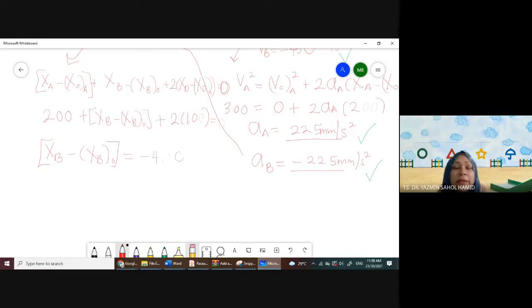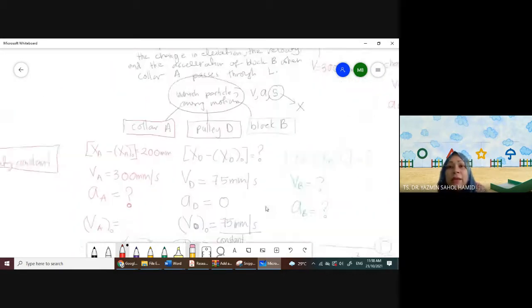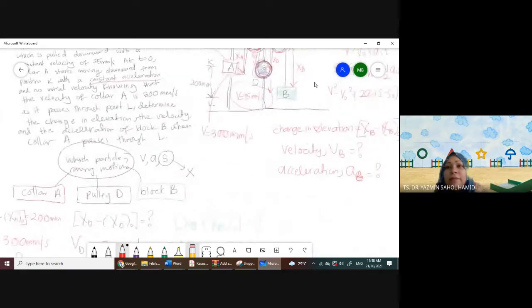So what does it mean? What do you understand by negative 400? It means block B is going to go up. So when it goes up, the length of the string will be shorter, right?